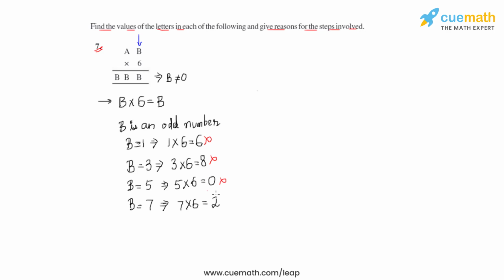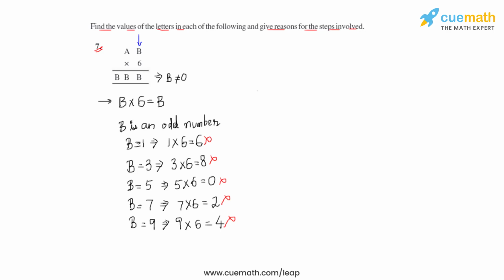So this assumption is also ruled out. And let's take the last odd number in the list, which is 9. 9 times 6 would result in a number whose ones place would be 4. Hence, this assumption is also ruled out.